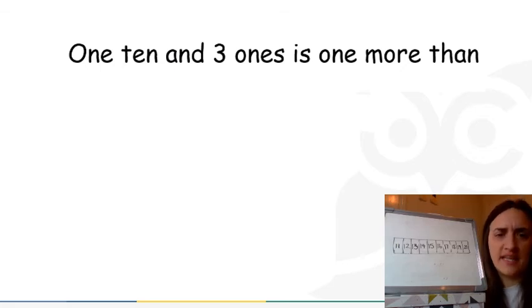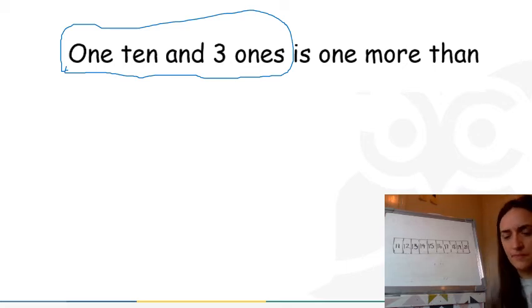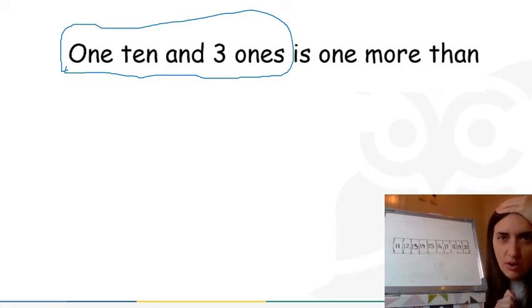Okay, the first thing that I've noticed is that my question is written in a different way, so I don't have my number. I first of all got to work out what this number is. 1 10 and 3 1s. 1 10, put 10 in your head, and 3 1s.